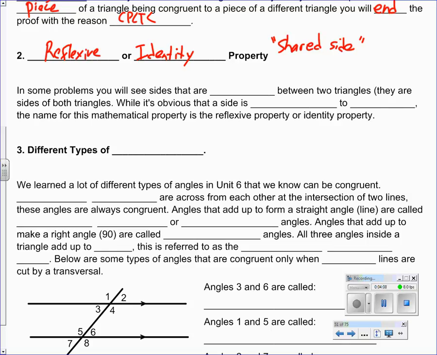We have sides that are shared between two different triangles, so there's a side on both triangles. A side is obviously congruent to itself. But we have a mathematical name, a special property, called the reflexive property or identity property. Or you can also say shared side. They all three mean the same thing.